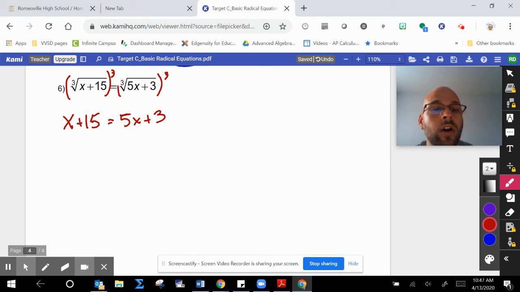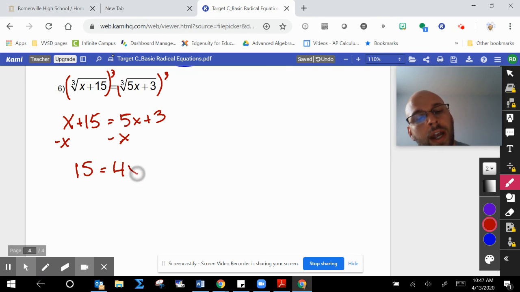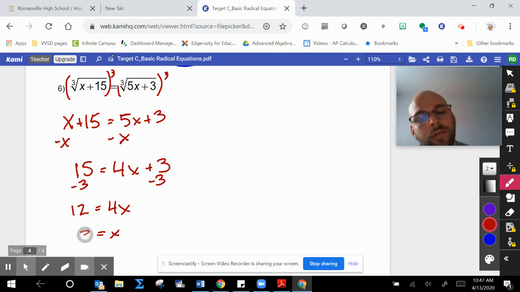And now we just need to get all the variables to one side. So I'm going to go ahead and subtract x, which gives me 15 equals 4x plus 3. I'm then going to subtract the 3, which gives me 12 equals 4x. And if you divide by the 4, 12 divided by 4 is 3, right?